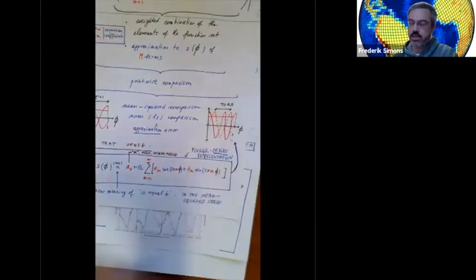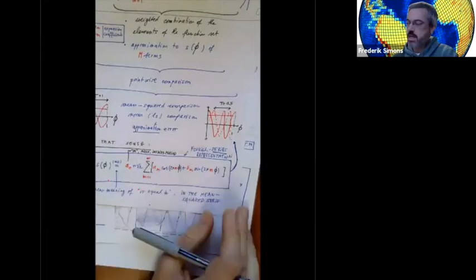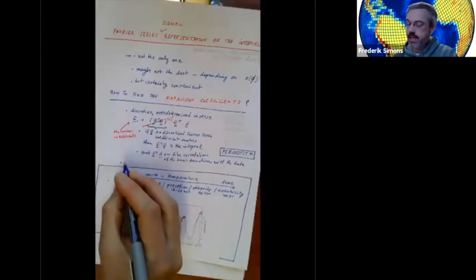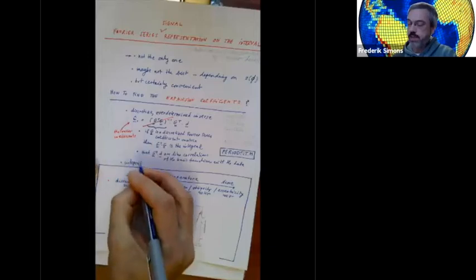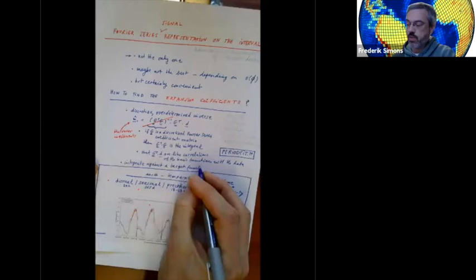Integration kills all the other ones. That's how you peel out individual coefficients. So I'm going to just write this here and say, integrate against a target function, and orthogonality does the rest.